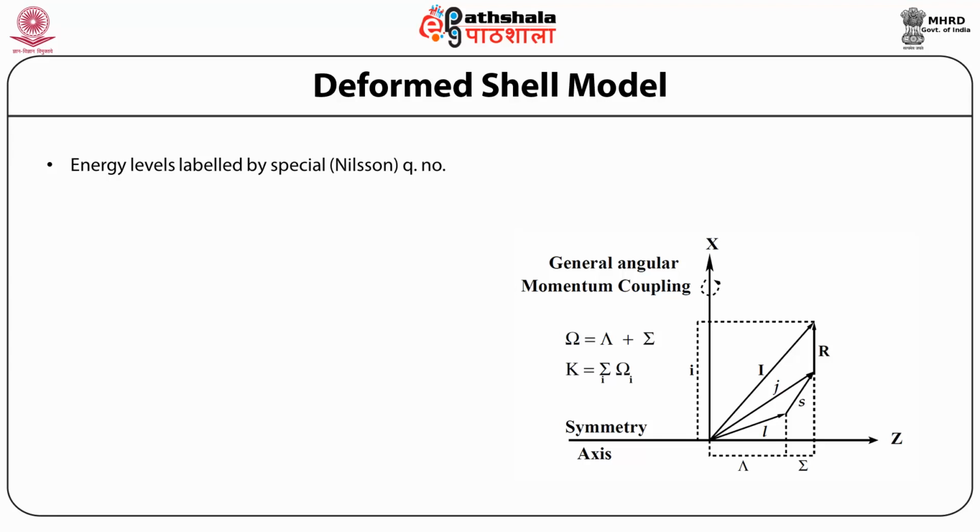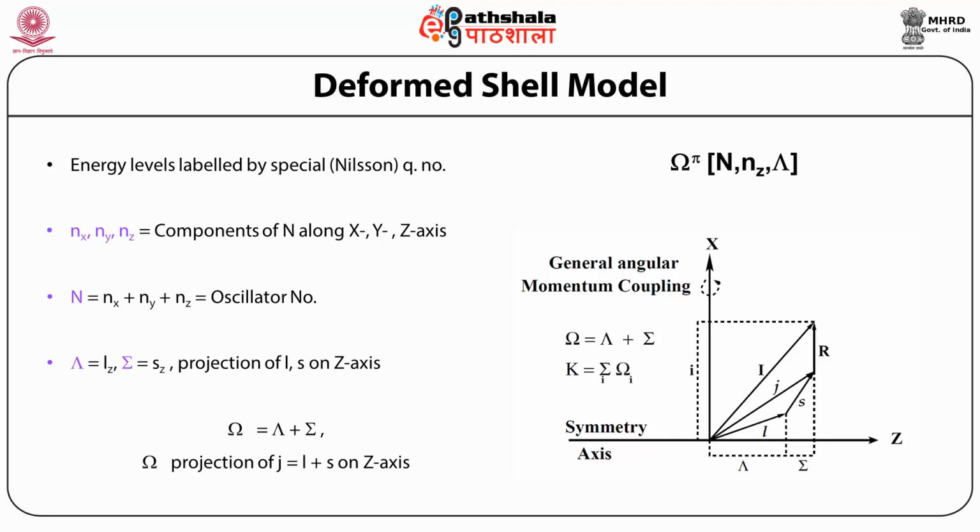According to Nilsson, the energy levels in the deformed shell model are labeled as omega, pi, N, nz, lambda, where omega is the projection of total angular momentum of the nucleus on the symmetry axis, pi is the parity, N is the oscillator number, nz is the projection of the principal quantum number on the z axis, and lambda is the projection of orbital angular momentum of the nucleus on the symmetry axis.